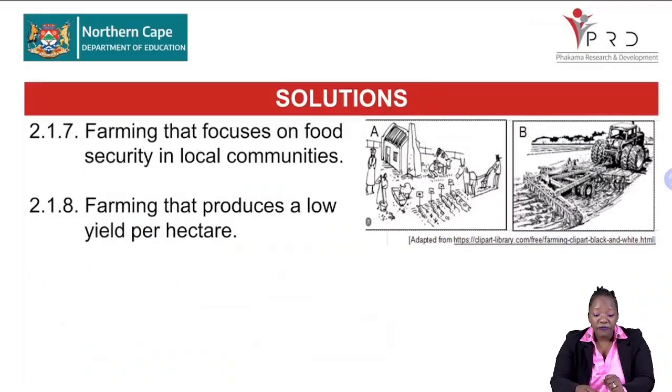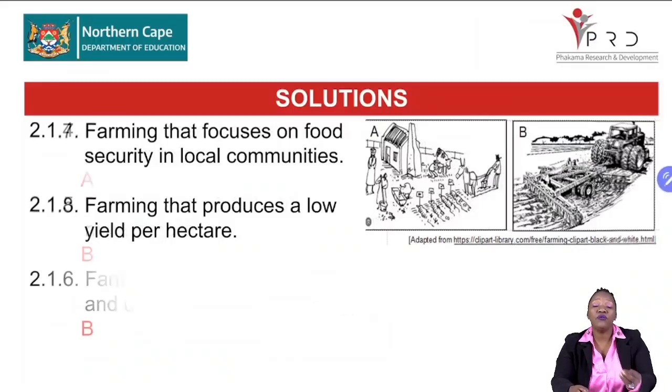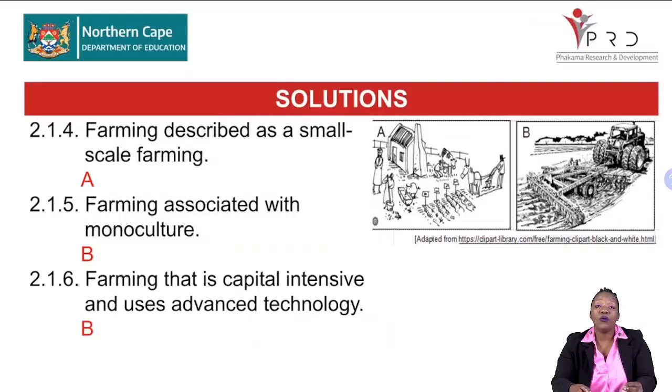2.1.7. Farming that focuses on food security. Again, you need to understand that food security, remember, we're talking about when everyone in the country is able to have access to food that is healthy or nutritious. So as you can see there, they are focusing on a variety of crops.